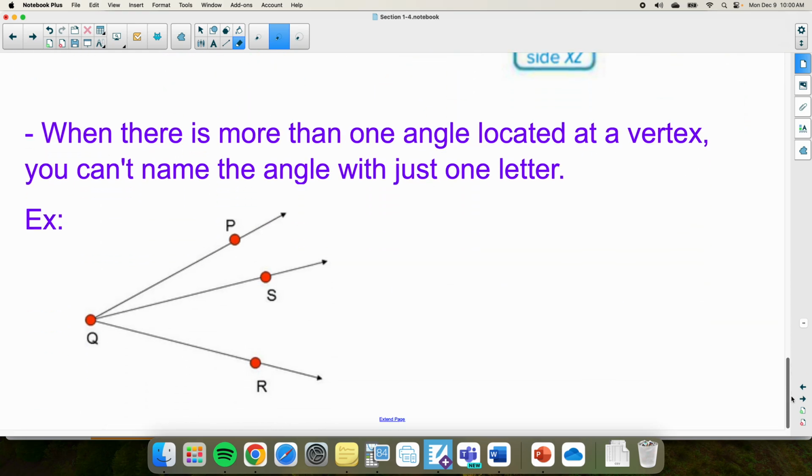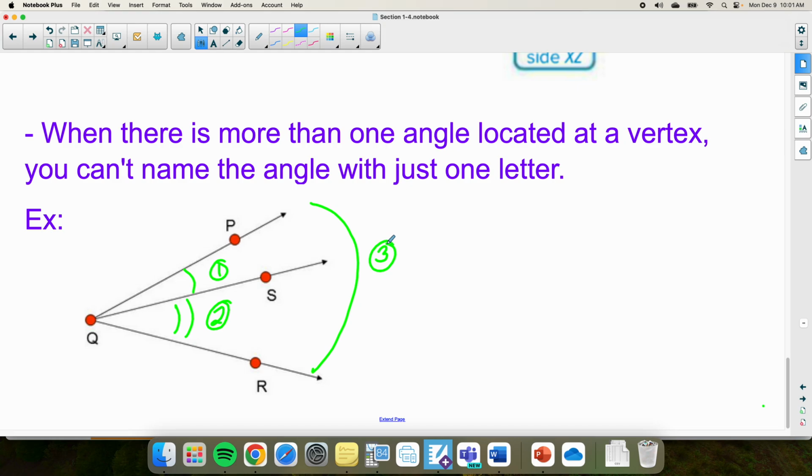A lot of times in geometry, however, we won't just have a single angle drawn. Like if you look at this one, if I asked you to find the measure of angle Q, you would not know if I meant this angle right here, which I'm going to call angle 1, this angle right here, which I'm going to call angle 2, or this whole angle here, which I'm going to call angle 3.